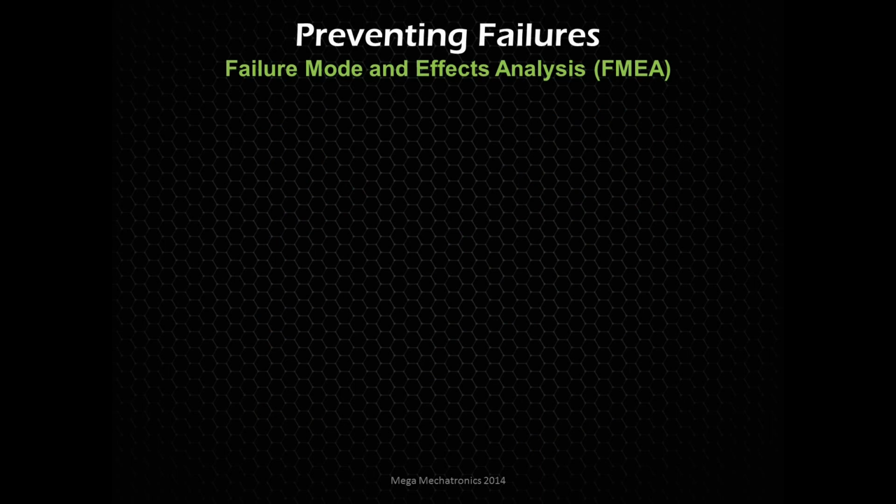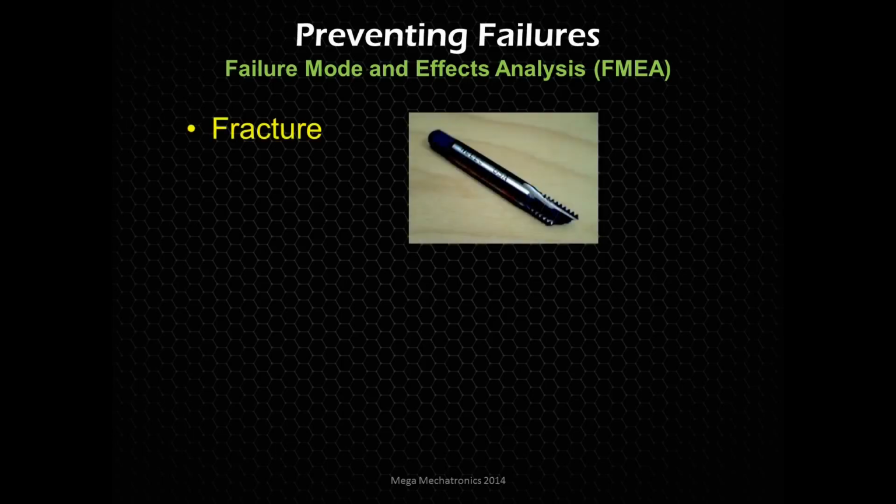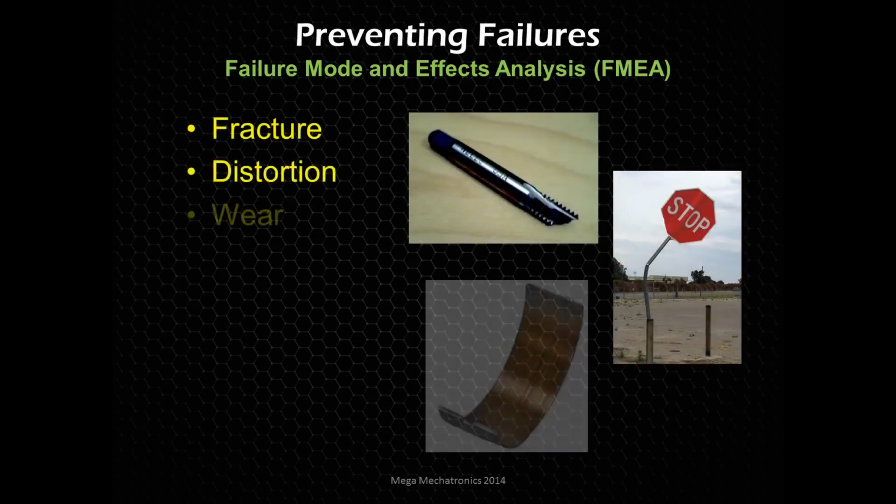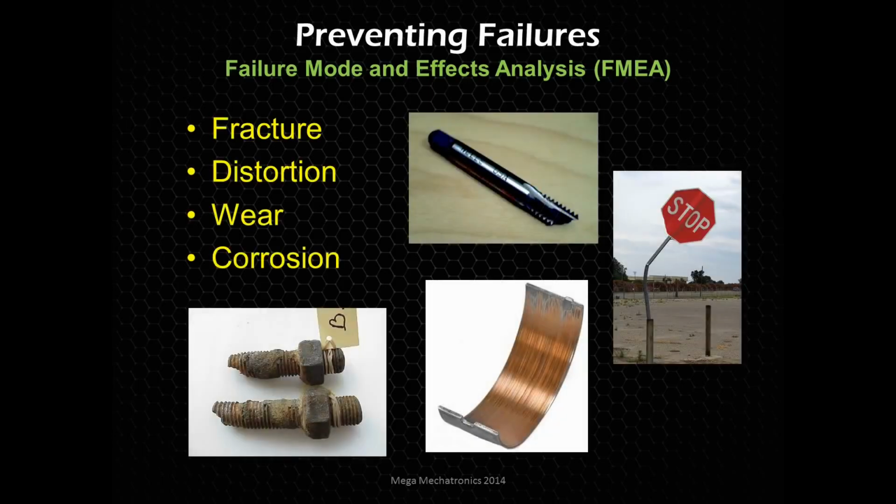So preventing failures, failure mode and effects analysis. Well, you need to look at your part and for fractures. So why did it fracture? Well, probably because it was fatigued, it was overstressed, there was corrosion.